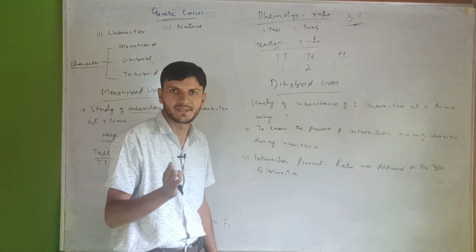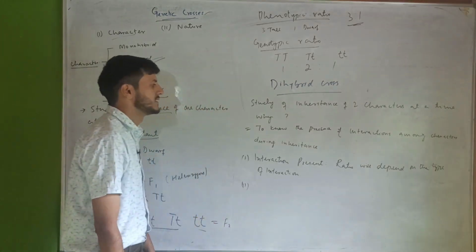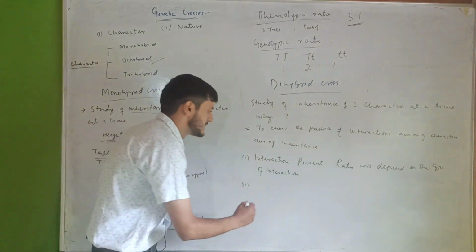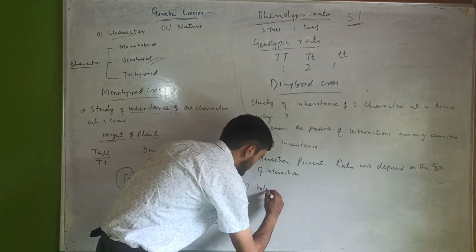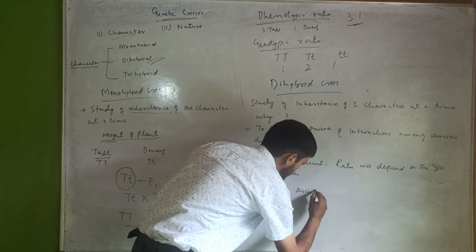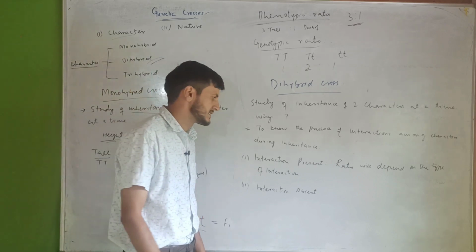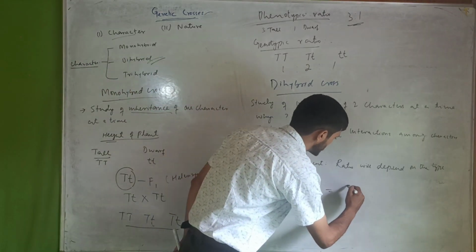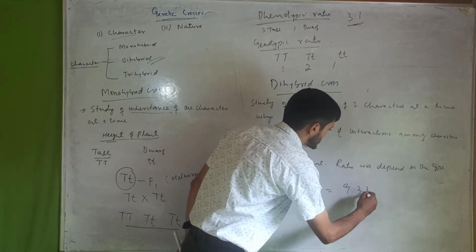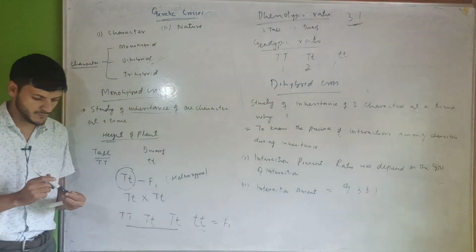The second possibility is that there is no interaction, meaning interaction is absent. When there is no interaction, then the ratio will be 9:3:3:1. Got it?